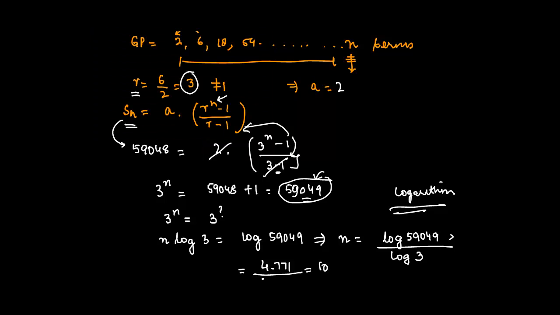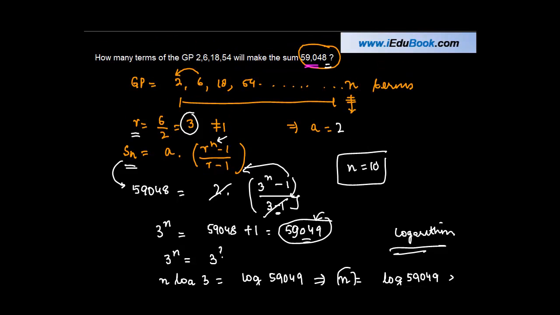So the value of n is equal to 10. So if you take the sum of 10 terms of this GP, that will give you a sum of 59048.